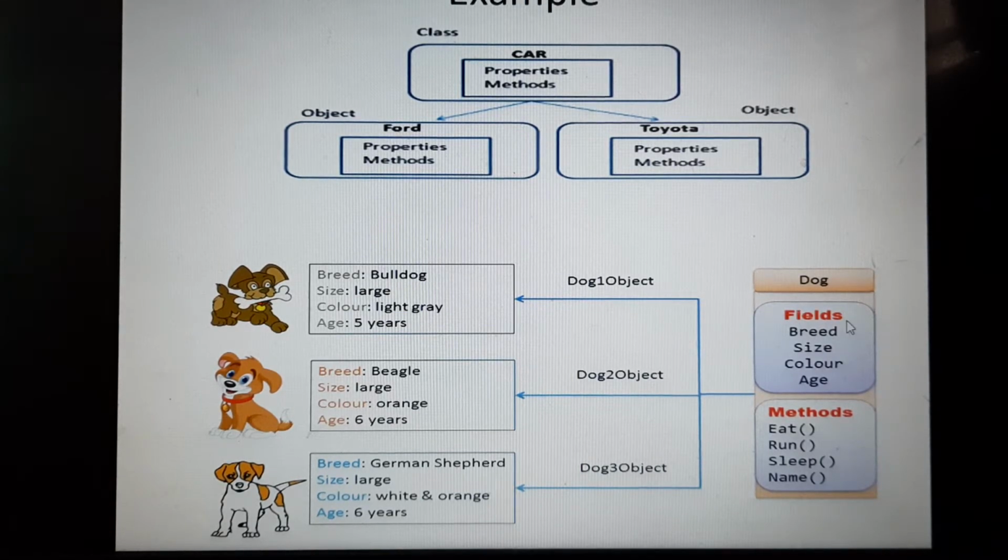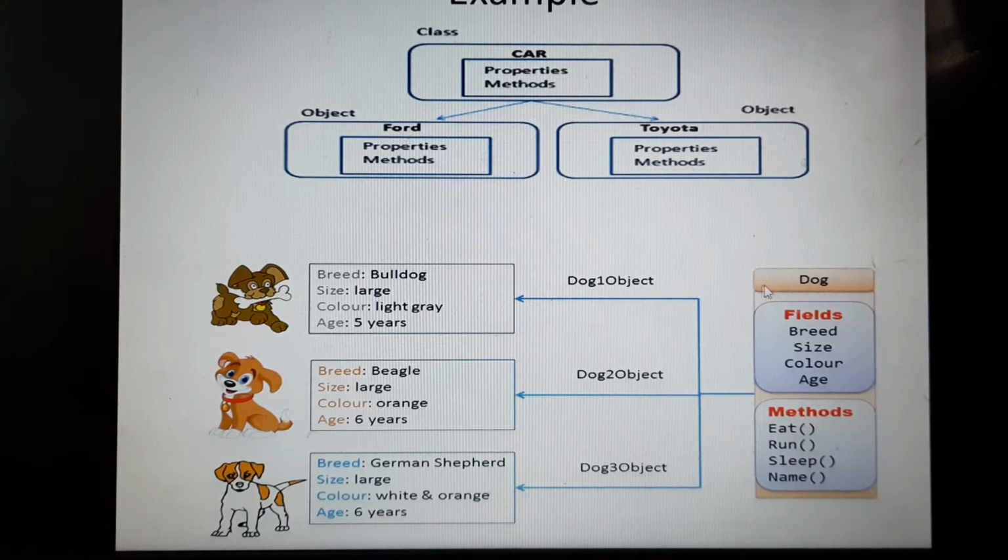The properties, that means fields, are breed, size, color, age. These are the basic properties of dog. Similarly, the methods used in the class dog are defined here: eat, run, sleep, name.